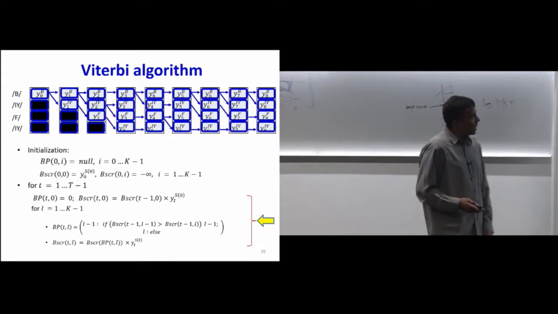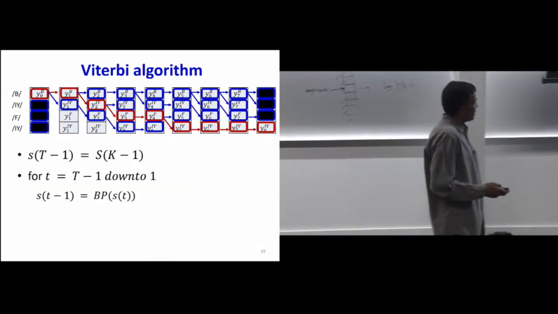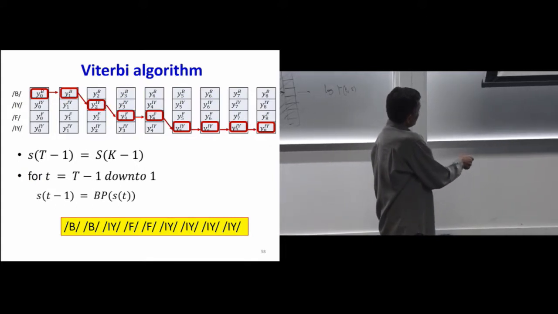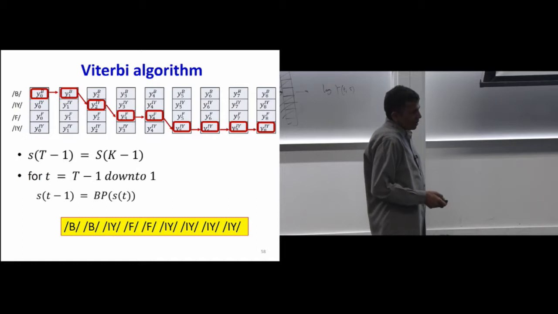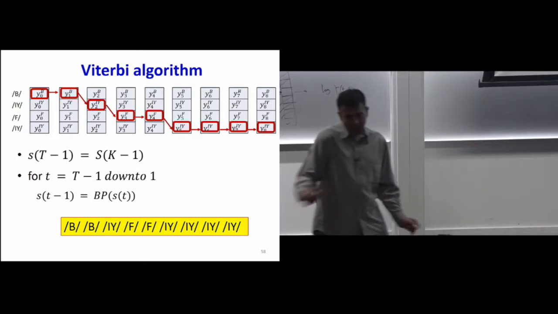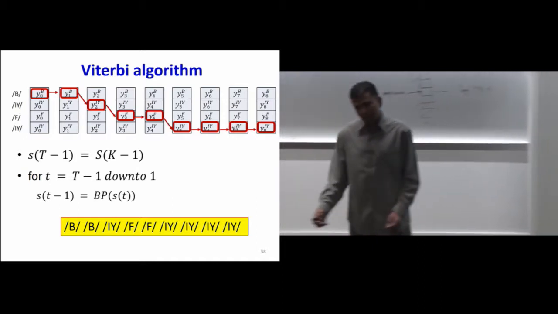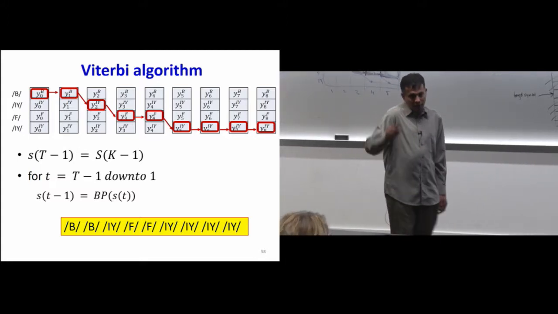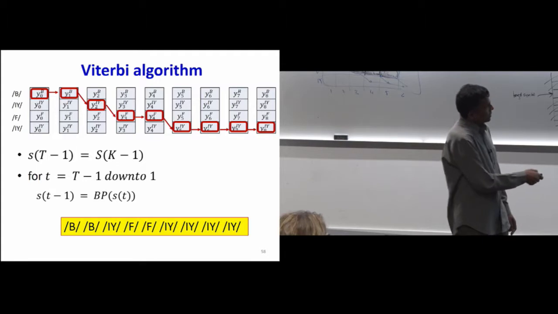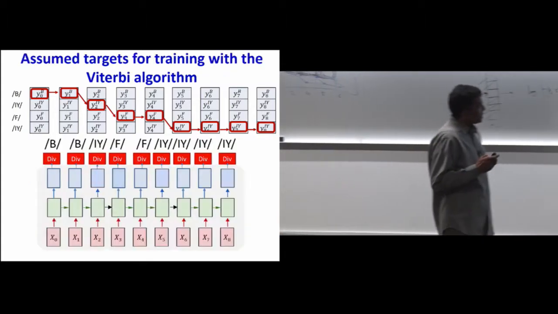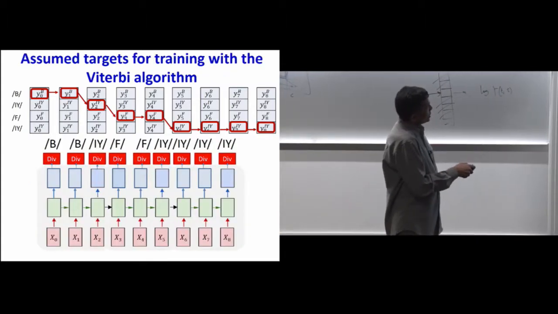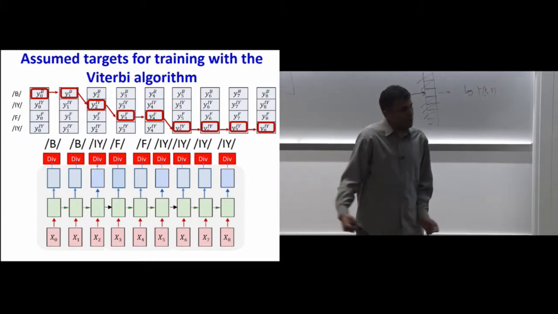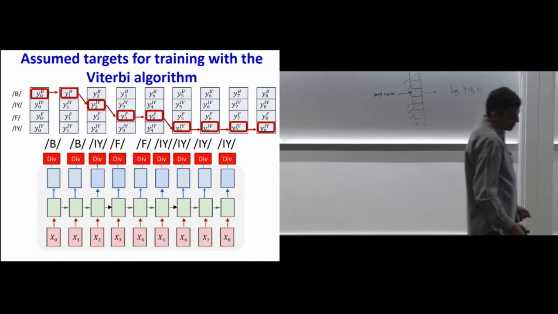And then what would happen now is that once you're done with this whole algorithm, there's a little algorithm for just tracing your way backwards. You take the last node in this grid, and then just keep walking your way back through the best parents till the first one. You get the symbol sequence, and maybe you get something of this kind, right? So what's the next thing you do? You're going to assume that the sequence that you found is the target sequence that you're going to train your network with, right?